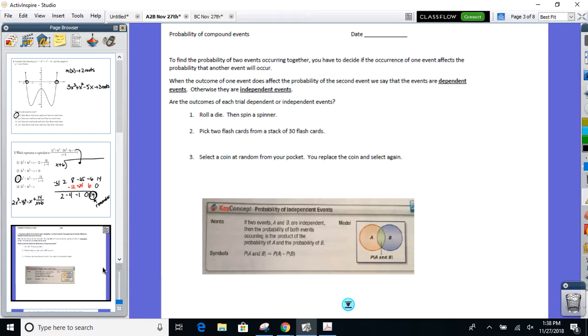Is that probability affected by Ian putting his back in? No, right? So Ian picking the yellow, putting it back in, and JT picking a blue, those are independent events because Ian's draw did not have any effect on JT's. Everyone agree? So those are called independent of each other.